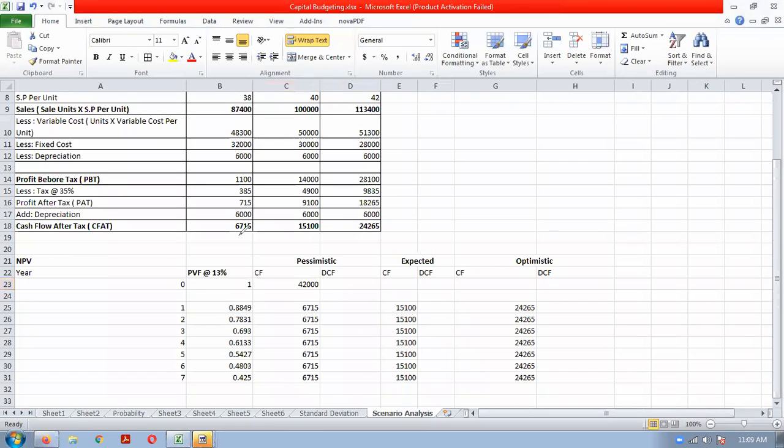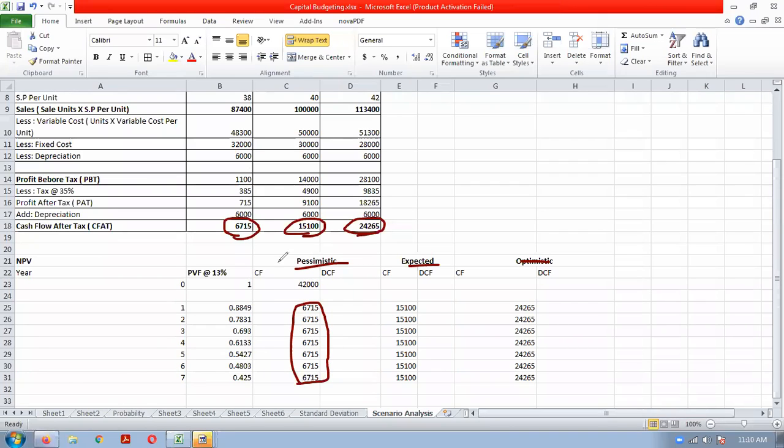See, every year the cash flow will be the same. For all the 7 years, under the 3 different cases, we will take the same cash flow, because no other data is given. For the pessimistic case, all the 7 years, we will take the cash flow as 6,715.